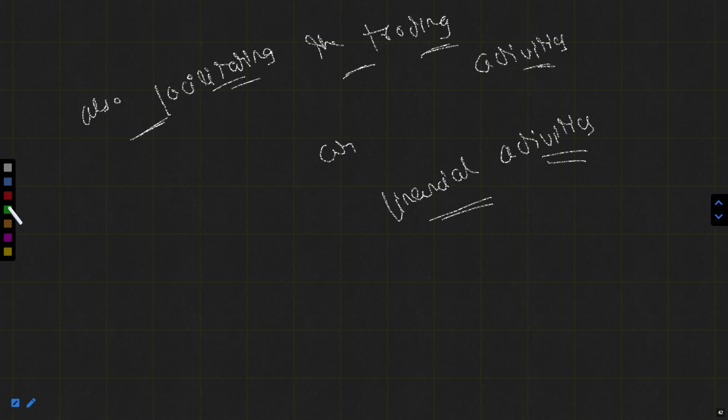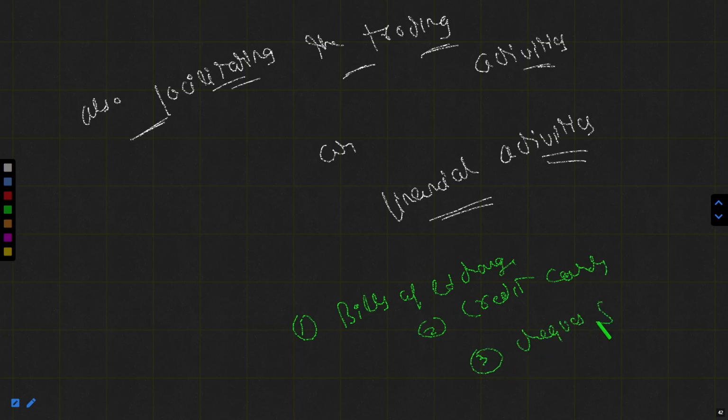How? Remember I had told you that there is a concept of bills of exchange. Thereafter, credit cards, check settlement, and various other things which could be used for trades. All these things could be entertained by the commercial banks.